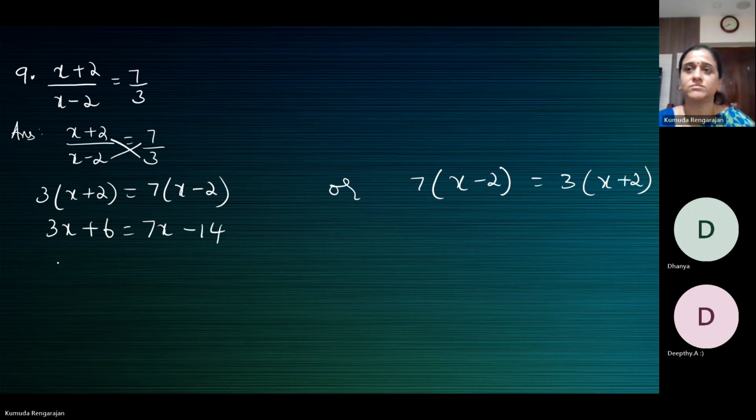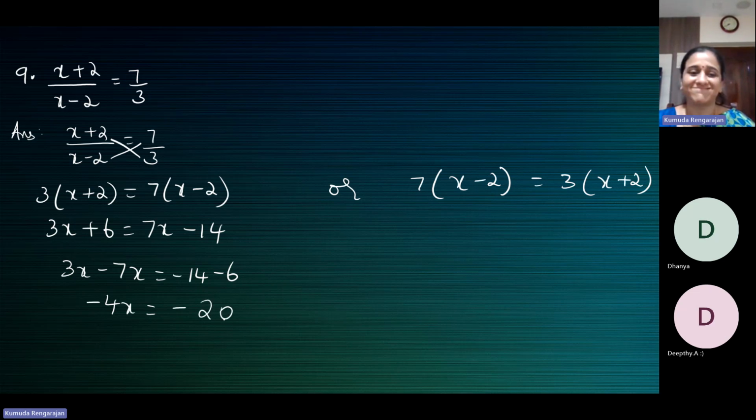Then minus 8. Oh, sorry, ma'am. It's minus 15. Minus on either side gets cancelled. x is equal to 20 by 4. So x is equal to 5.